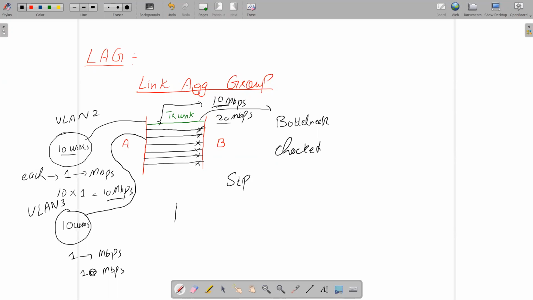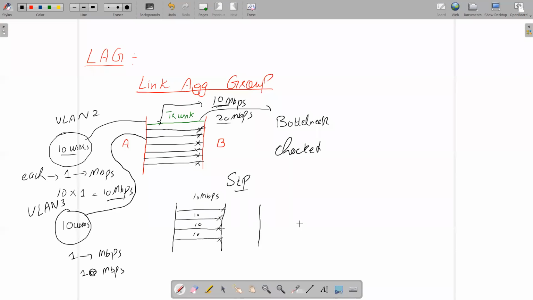The solution is if I'm using 4 links, and each link is offering 10 megabit per second, I have to deceive STP so that STP does not put these interfaces into the block state.